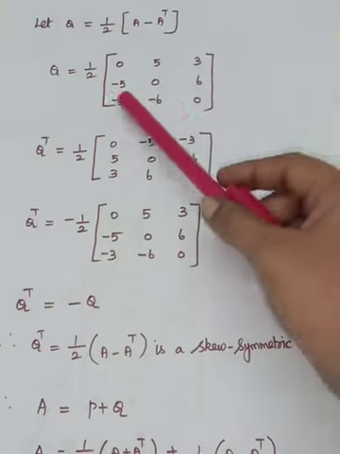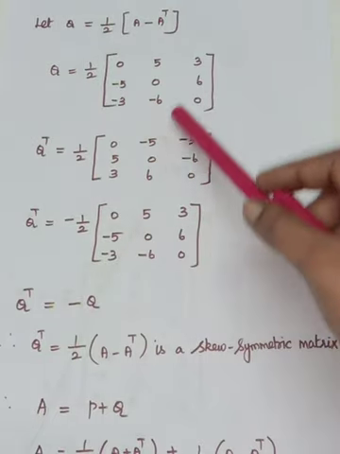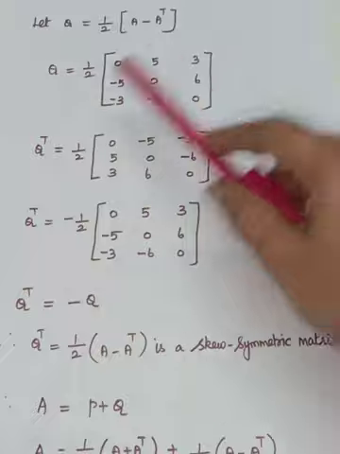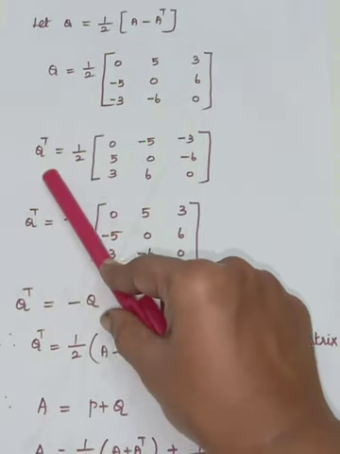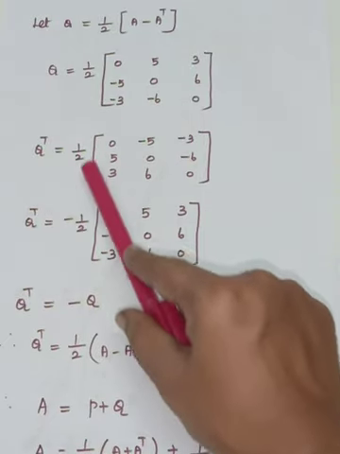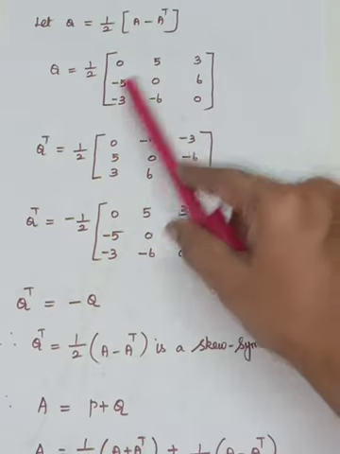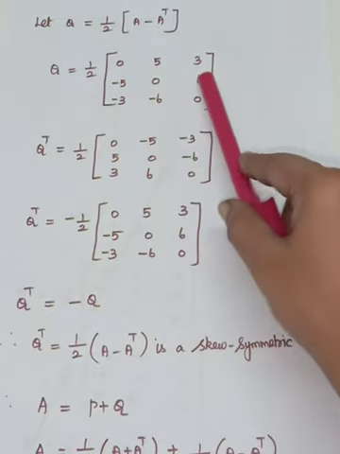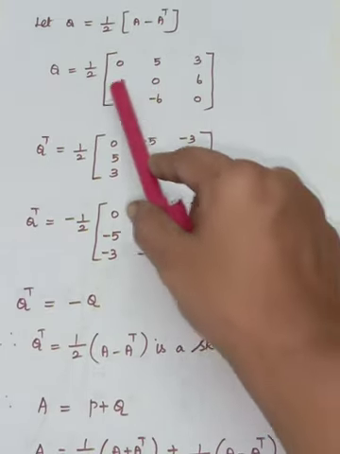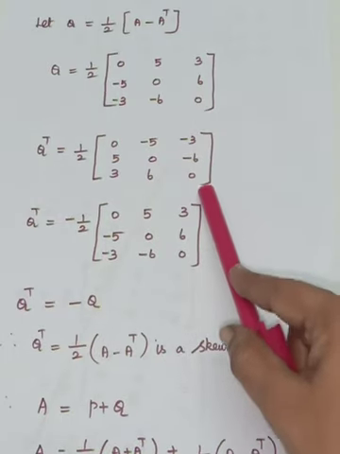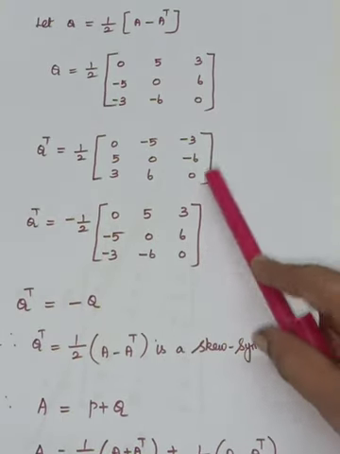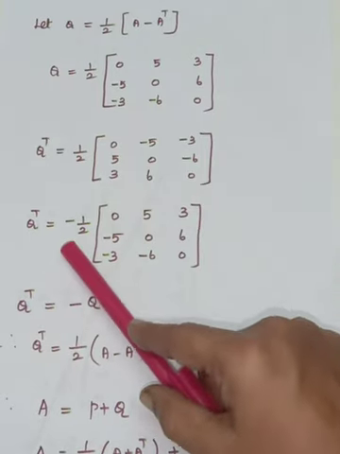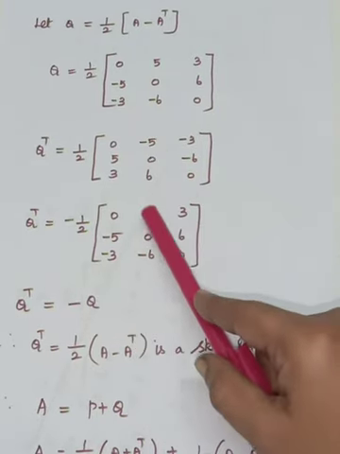So you have to subtract and you have to find out whether it is skew symmetric. So for that, Q transpose has to be found. If you find Q transpose, take the first row, write as the first column. Take the second row of Q, write as a second column. The third row of Q, write as a third column. After writing this, if you take minus out from that, this will become 5, 3.